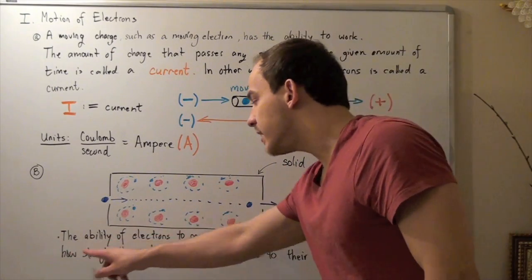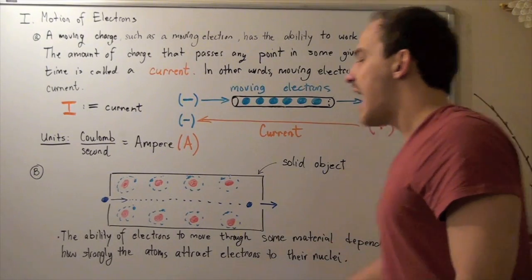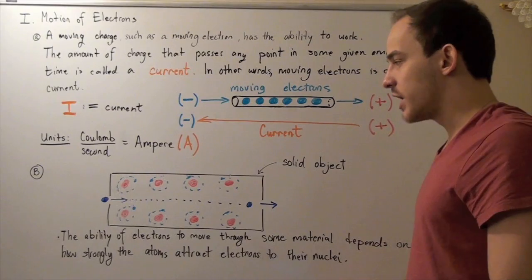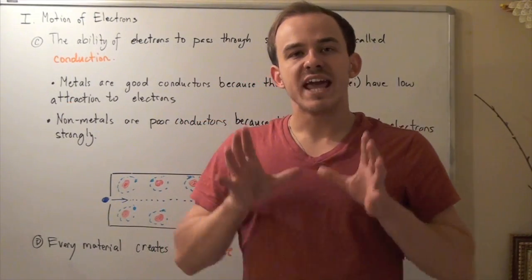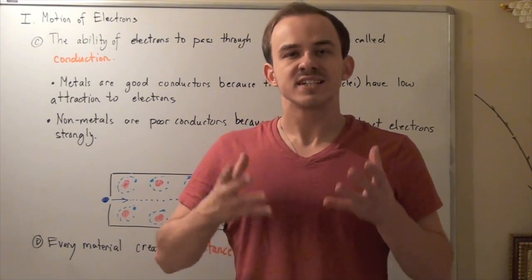So, the ability of electrons to move through some material depends on how strongly the atoms attract electrons to their nuclei. It depends on the effective nuclear charge. Now, another name for the ability of electrons to pass some given substance is known as conduction.